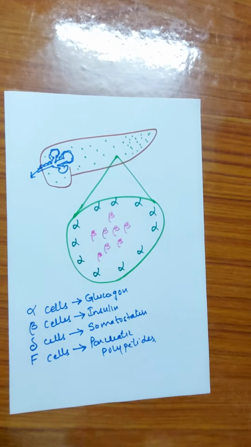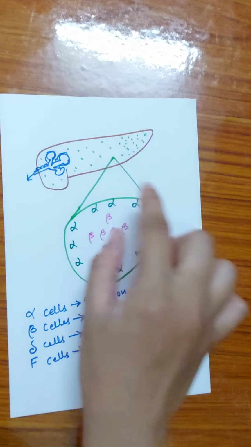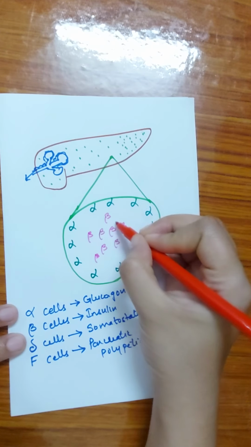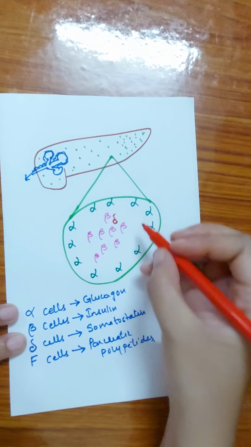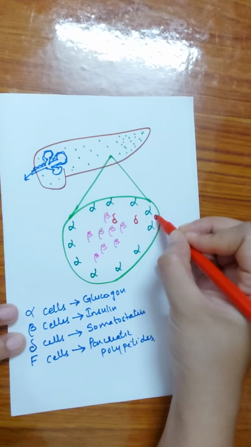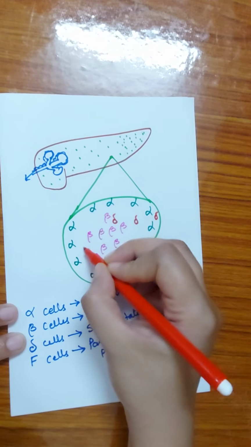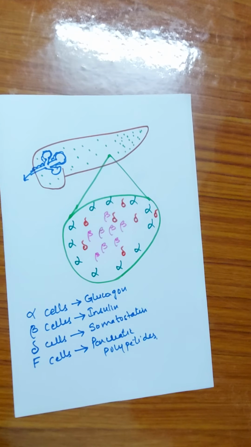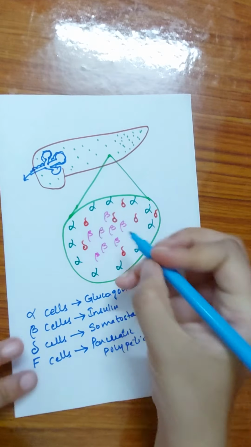Delta cells are present anywhere, either at the center, in between, or at the periphery, and the F cells are also present anywhere.